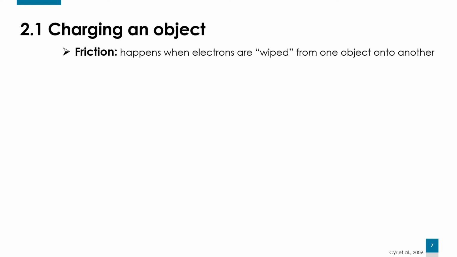For friction, friction happens when electrons are whipped out from one object to another. So I take the electrons from one object and transfer them to another one. This happens when I have two neutral objects and I rub them against each other.